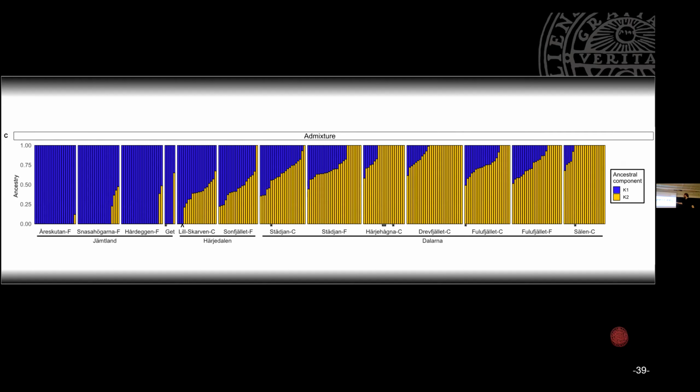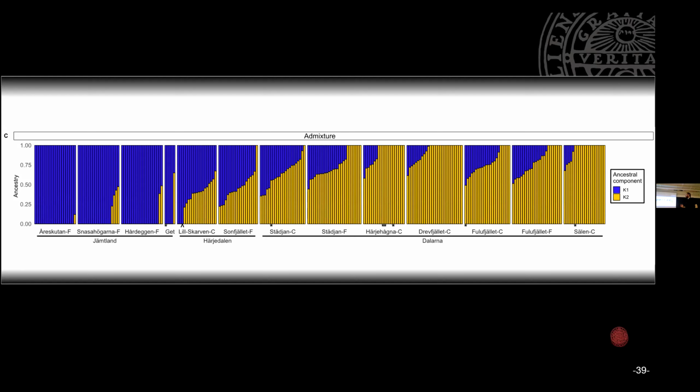So the blue component is very abundant in Jämtland, and the yellow one becomes more abundant when you move towards Dalarna further down. So there's also here a very nice trend, and it looks like there are two ancestral components that these spruce trees are coming from: trees that are more grouped in the north and trees that are more grouped in the south.